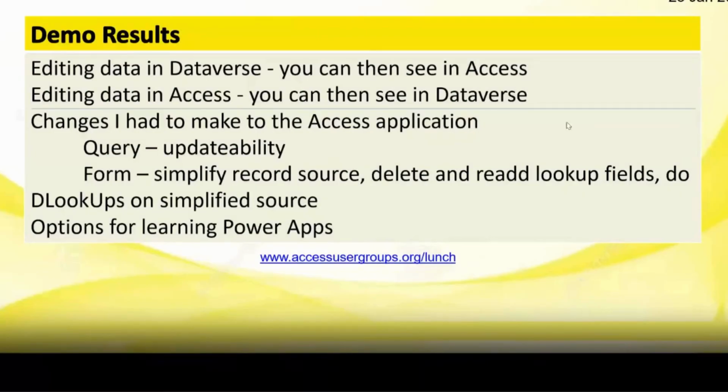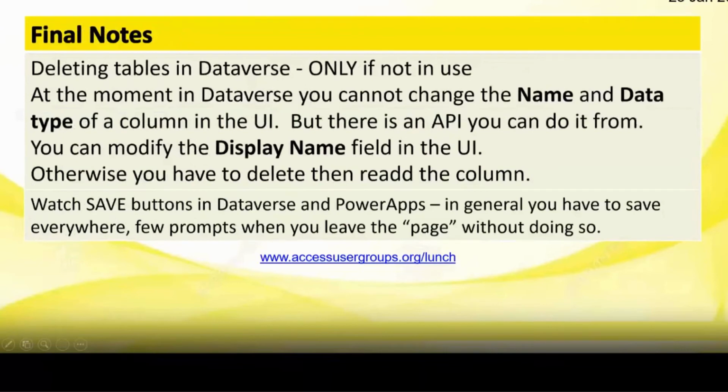And then, yeah, just a final note here. You can delete tables in Dataverse, but you can only do it if they're not in use. For instance, if you created a PowerApp for them, it won't let you delete them. So you would have to delete your PowerApp first, and then you could delete them. And at the moment, you can't change the name or the data type of a column in the user interface in Dataverse.